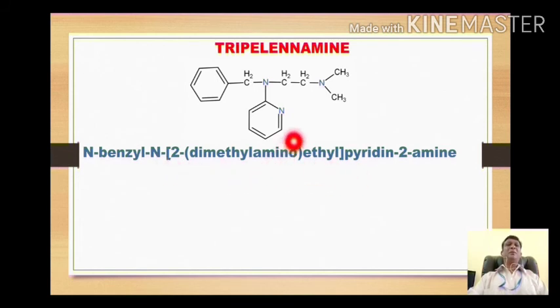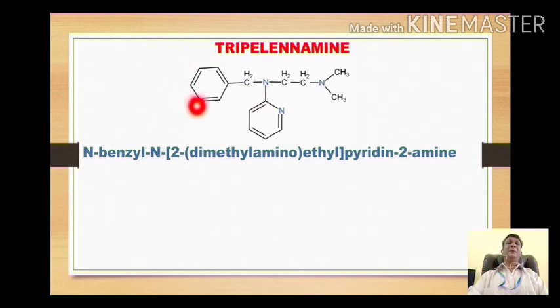For nomenclature, we will consider the pyridine ring attached with the amino group as the basic nucleus. So this is the pyridine ring and this is position number 1 while this is position number 2. On 2 position we have the amino group, which is substituted by 2 different groups.